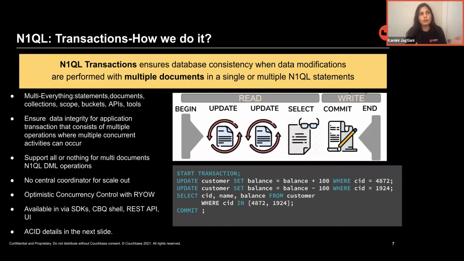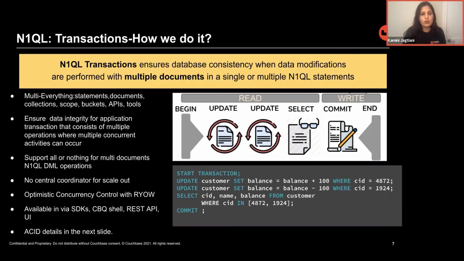These collections could be part of different scopes. Scopes could lie in different buckets, and you can do the N1QL transactions using various APIs as well as tools. You could do it using the UI. You could do it using the CBQ shell. You could do it using the REST API. You could also do it using the Java SDK. And so it's multi-everything.